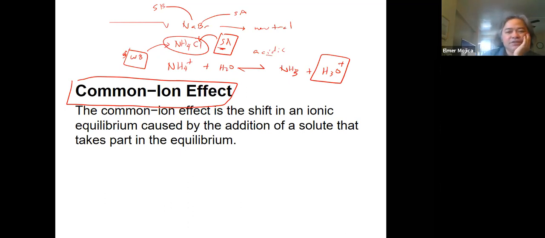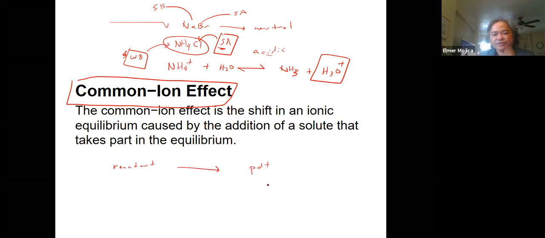If you remember in your chapter 14, when you have a reactant and a product, and there's a common ion effect there, you're adding to one of the sides. So maybe you can add to the concentration of the product. What is the common ion effect on that? If you add more product here, what will happen to the shift in the equilibrium? Which one is favored? Anyone?